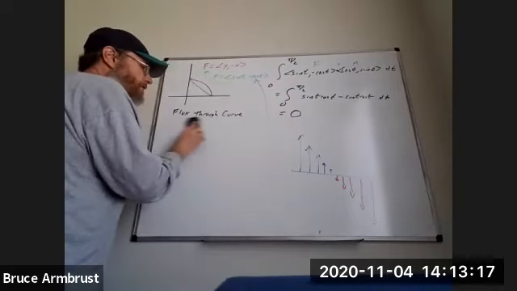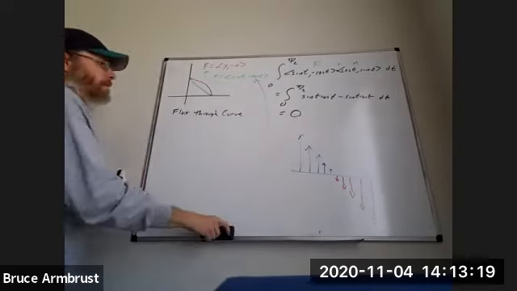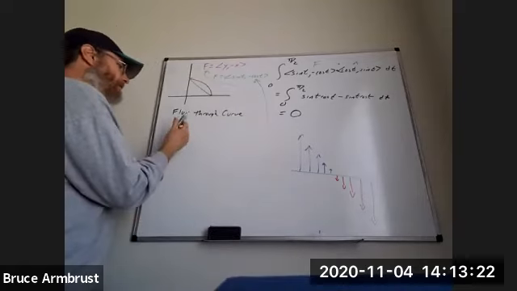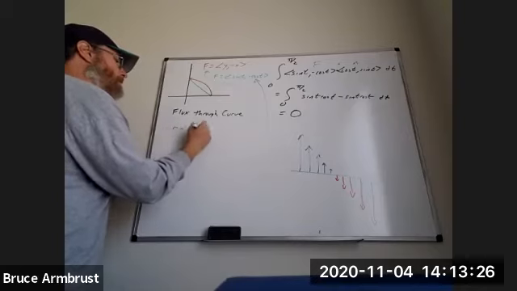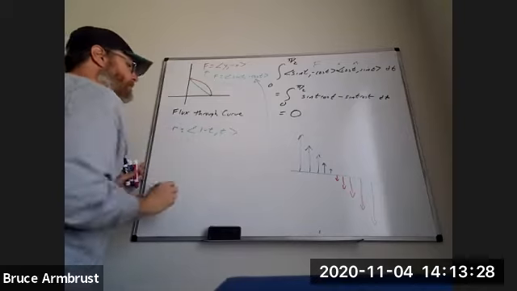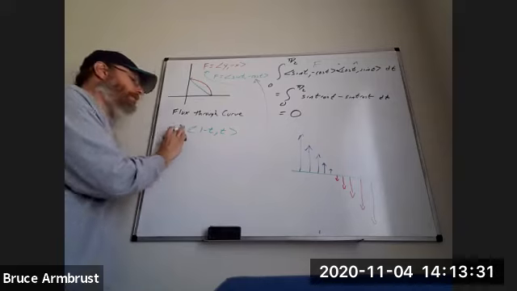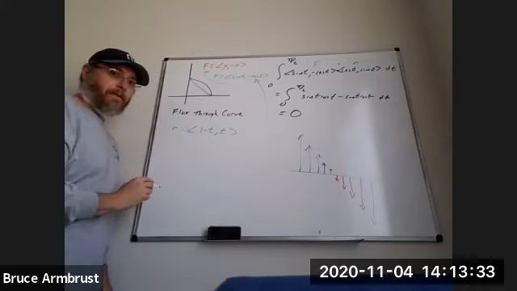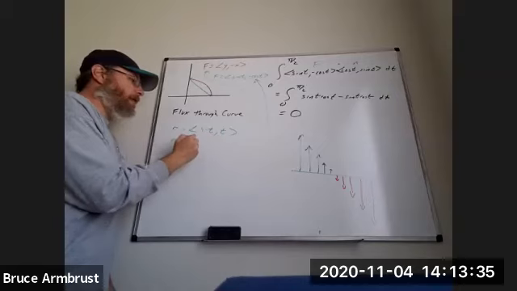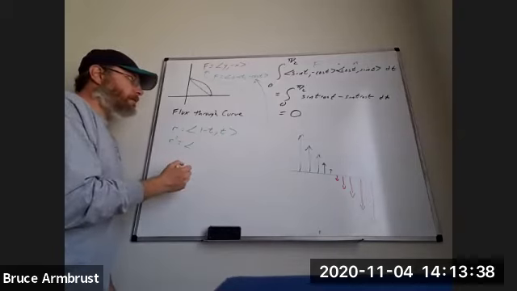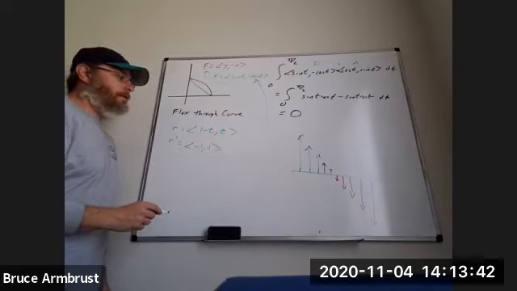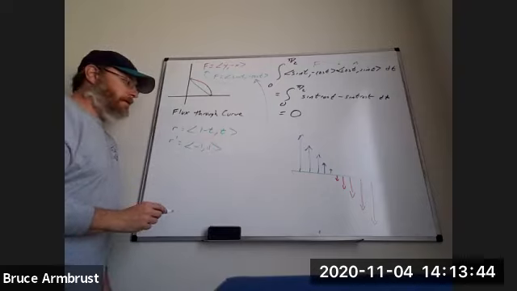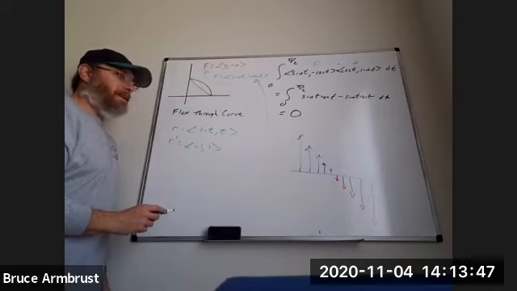So this means, of course, we have to change our R. And let's go back to that parameterization where we can go from 0 to 1. So I'm going to use the parameterization 1 minus t comma t. So R prime, that's going to be -1 comma 1. So what's that make n? 1, -1.